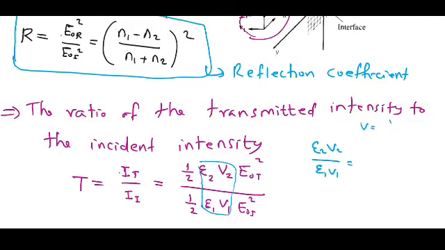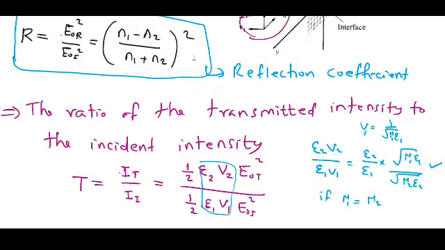Because you know the expression for v is 1 by root of mu epsilon, v1 is 1 by root of mu1 epsilon 1, and v2 is equal to 1 by root of mu2 epsilon 2. Then take the ratio of v2 by v1 and substitute here. In most cases, the permeability of medium 1 will be equal to the permeability of medium 2.